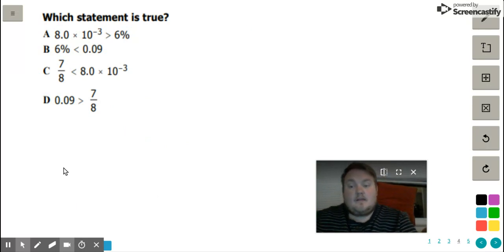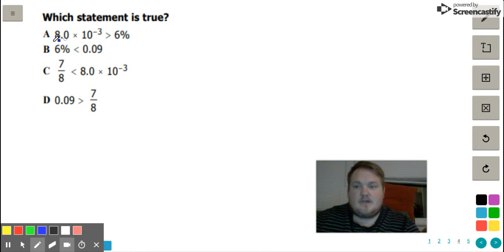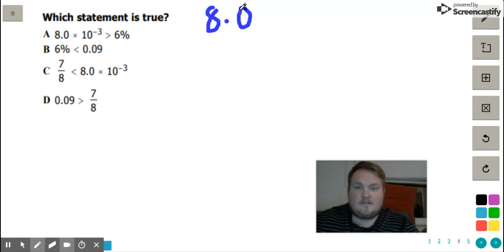Okay, once again, this is another way that they can ask you to compare numbers, and you have 8.0 times 10 to the negative 3, which when you do that in your calculator, remember, 8.0 times 10 to the negative 3, going to move it 1, 2, 3. So you're going to get 0, 0, 8, okay? 0.008, and you're saying that that's bigger than 6%.